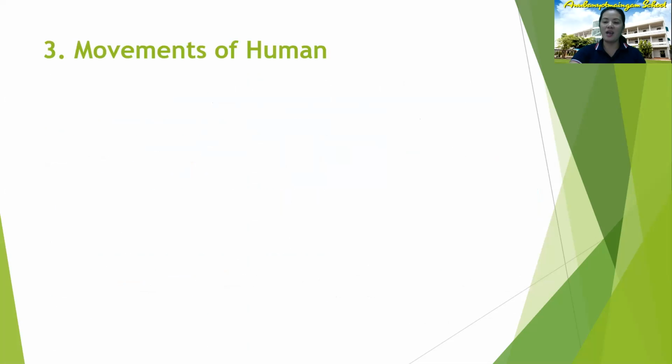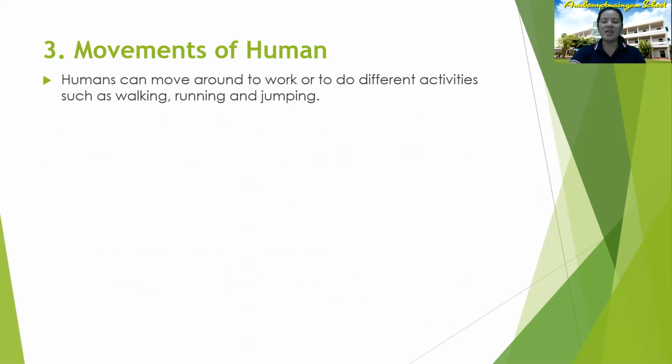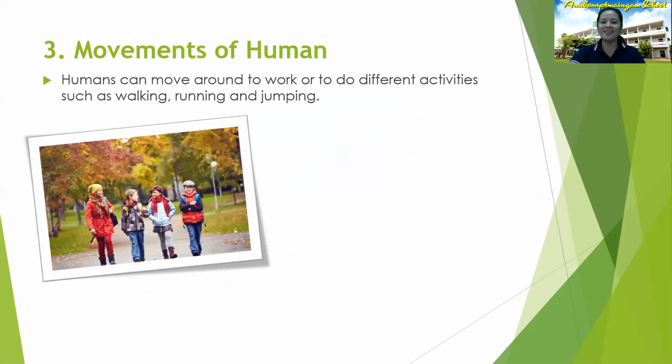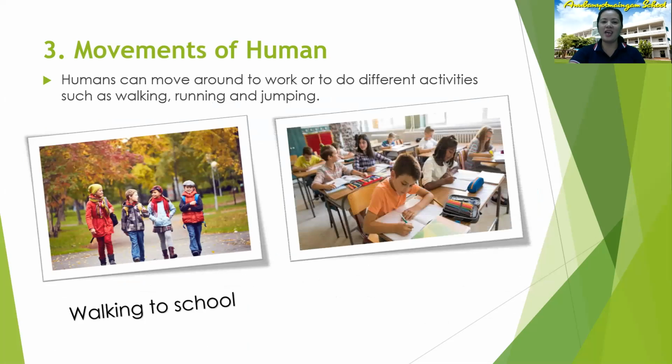Next in here, we have the movements of humans. Humans can move around to work or to do different activities such as walking, running, and jumping. Also, we have here in the picture, they are sitting and writing in class.